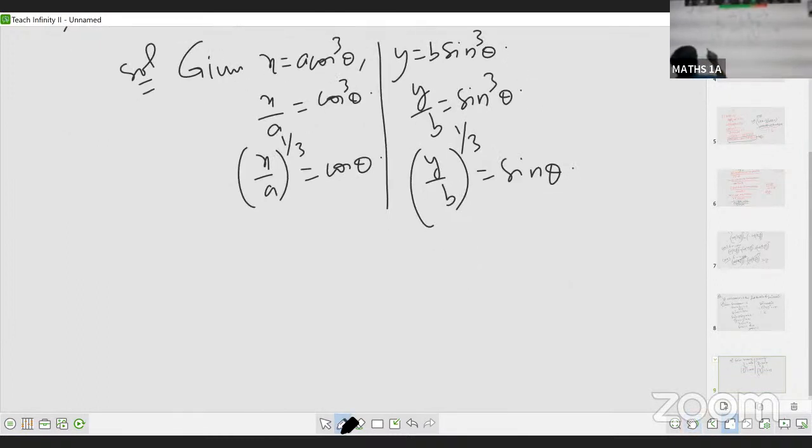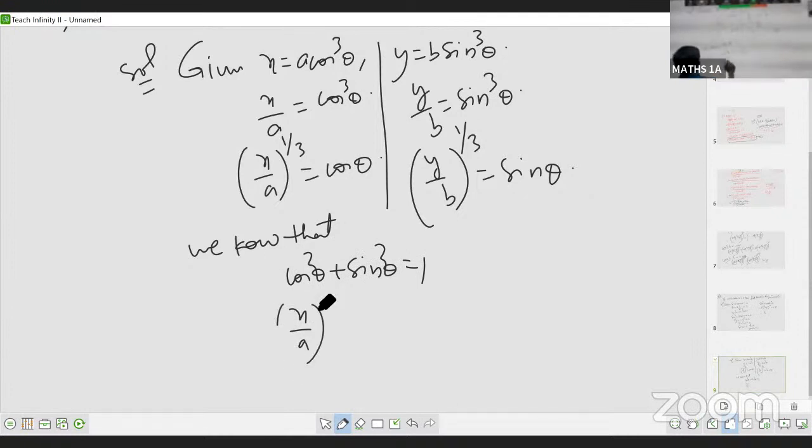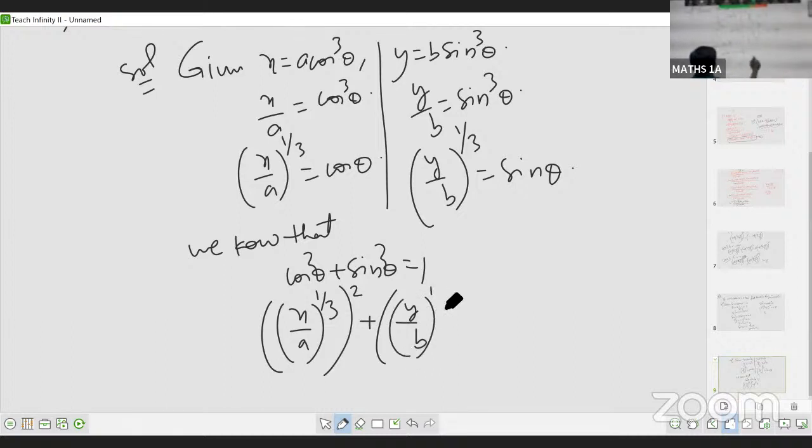Then we know that cos square theta plus sin square theta is 1. That is, x by a whole power 1 by 3, its whole square, plus y by b whole power 1 by 3, its whole square, equal to 1.